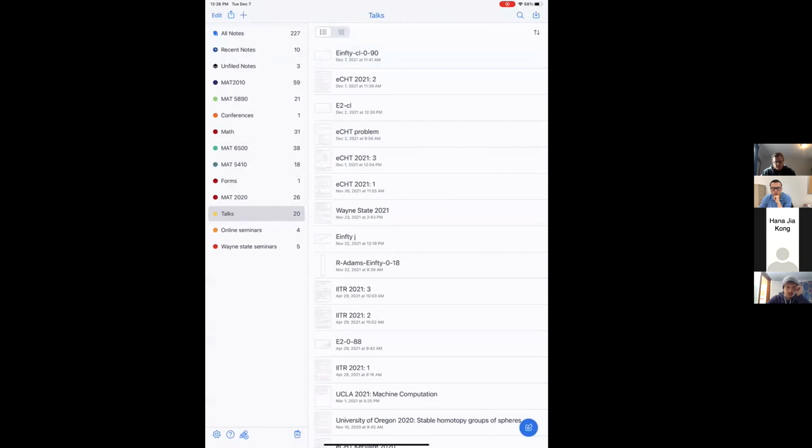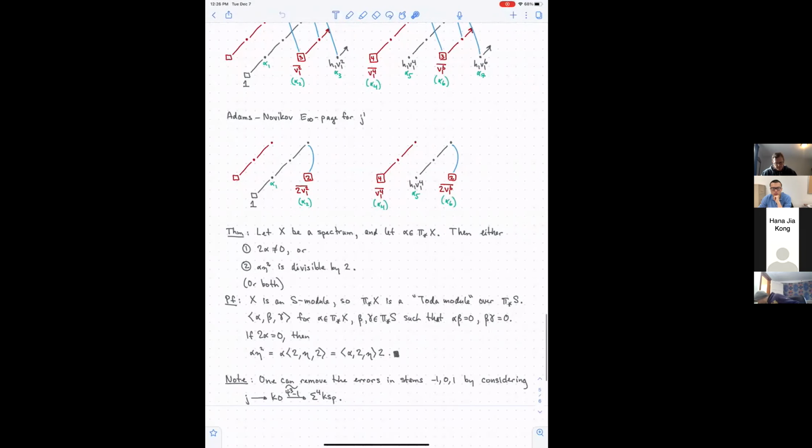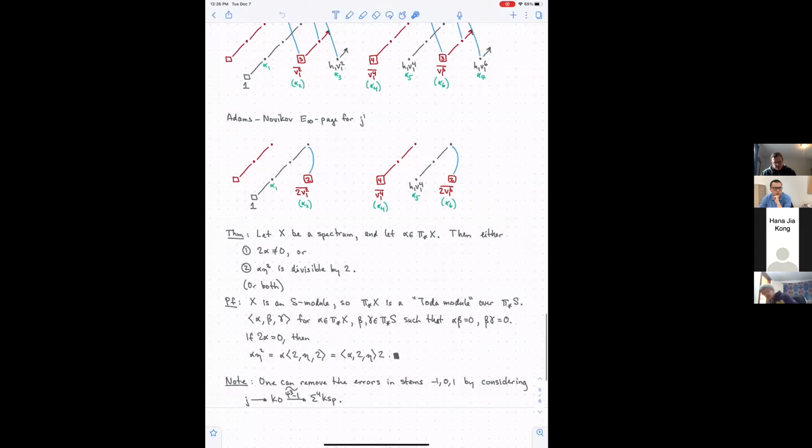Okay, let's go back here. All right, so here you are, you're done, you've computed the homotopy of J prime, and the homotopy of J prime is closely related to this V1 periodic homotopy. Here you see the 3, but notice it's actually a hidden extension. There's the 2 to the 3rd, then 2 to the 4th, then 2 to the 3rd, then there'll be a 2 to the 5th, and so on and so forth.